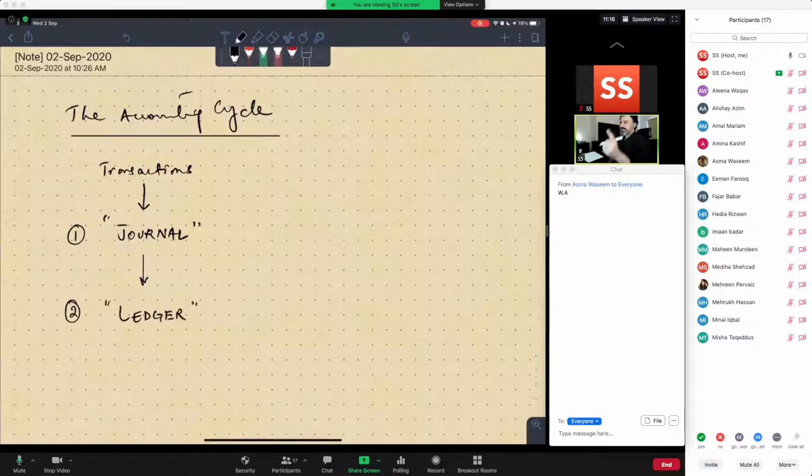So one transaction, as soon as it happens, it first goes to the journal. We also refer to them as books of prime entry.